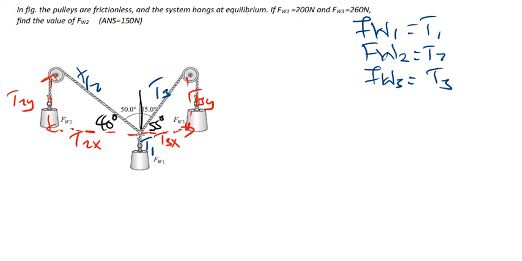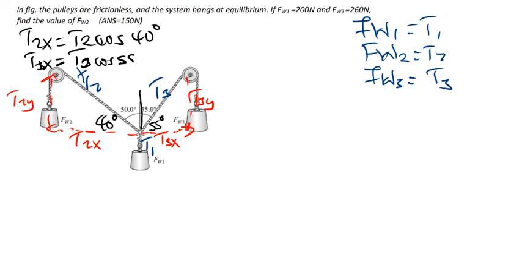So I'll start with the summation of all the forces. In this case, I know that my T2x is going to be T2 cos 40 degrees. Then my T3x will be equal, using cos, to T3 cos 55 degrees.